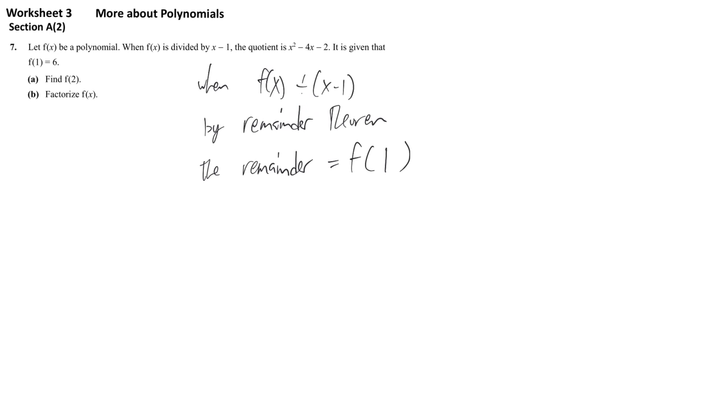So 1. Hey, hold on. They tell us what is f(1), right? f(1) is 6. So they try to implicitly tell us that the remainder in this case is 6.